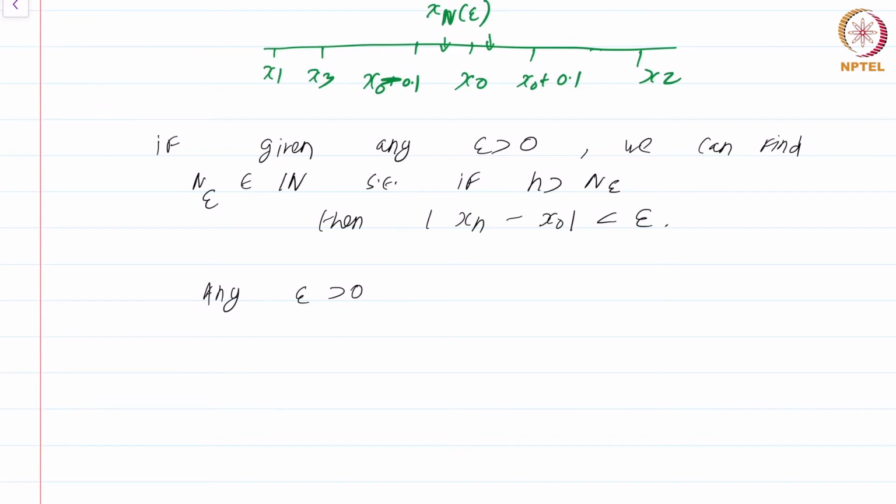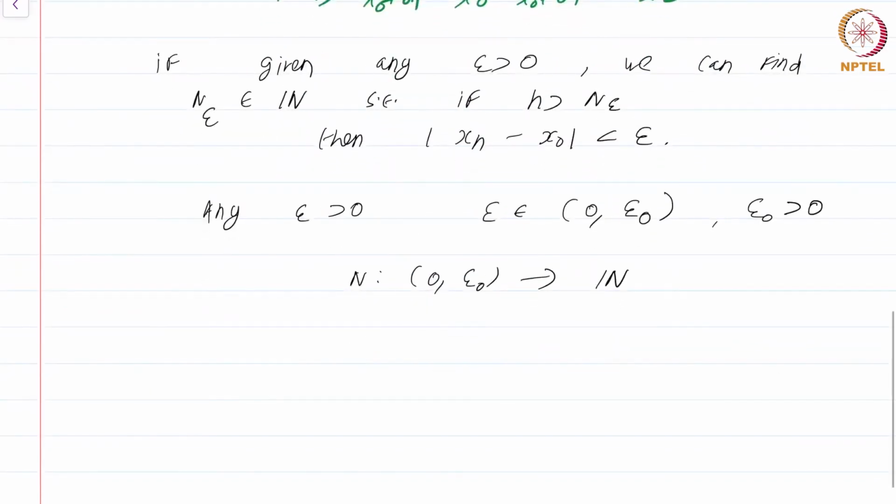If you could do it for epsilon in some interval 0 to epsilon naught, where epsilon naught is of course greater than 0, in other words, if you can find a function from the open interval 0 to epsilon naught to N such that the definition of convergence is satisfied for all epsilon in this interval, then you are actually done. You can make this function capital N actually from R plus to natural numbers.